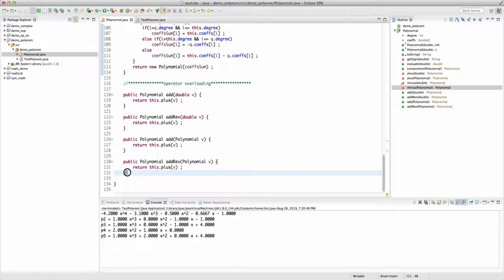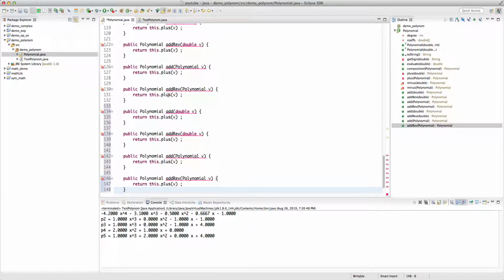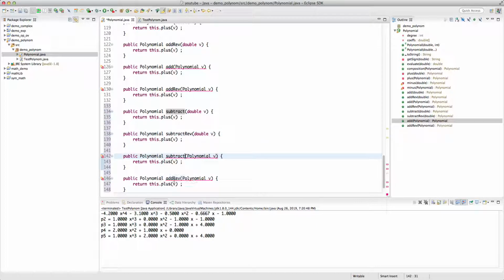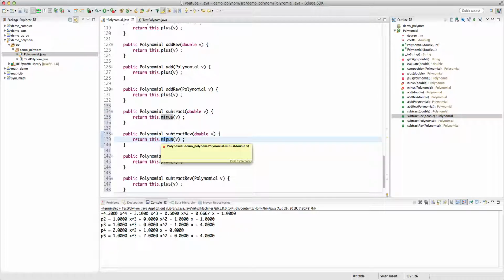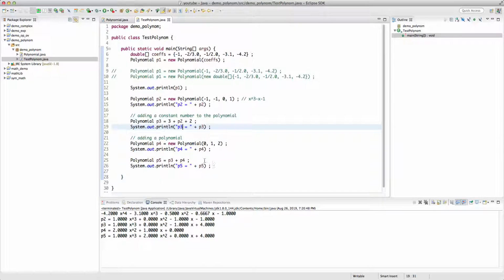And then we go here, subtract, subtract reverse, minus, minus, minus minus.